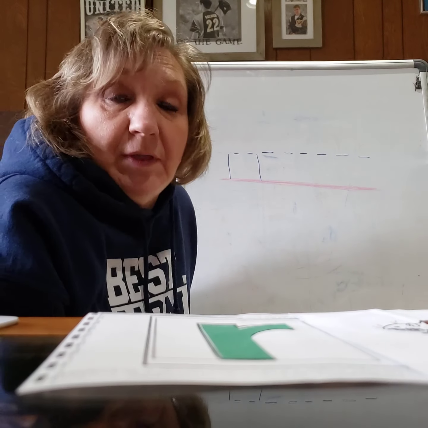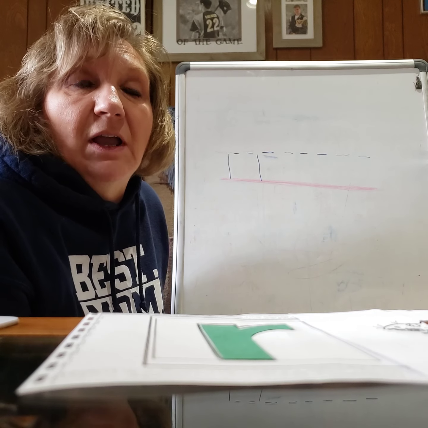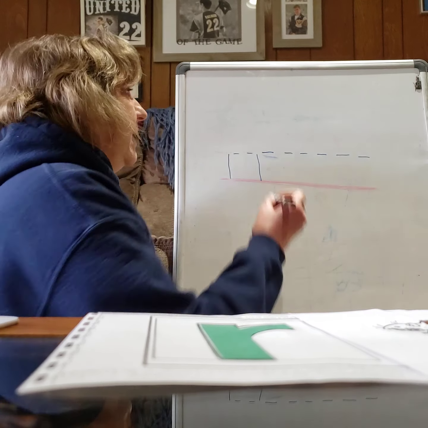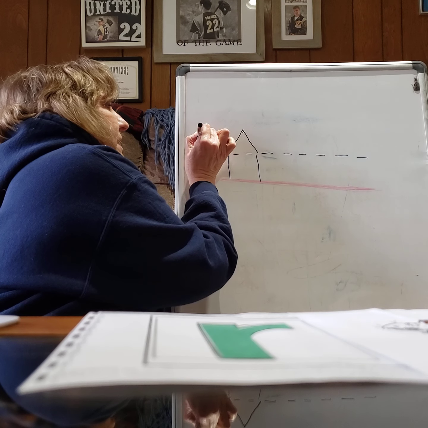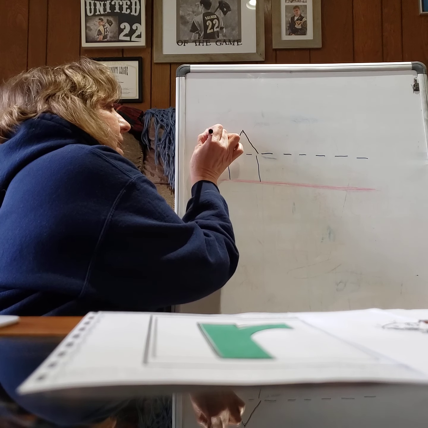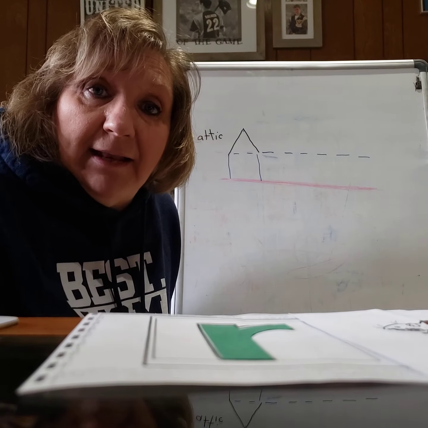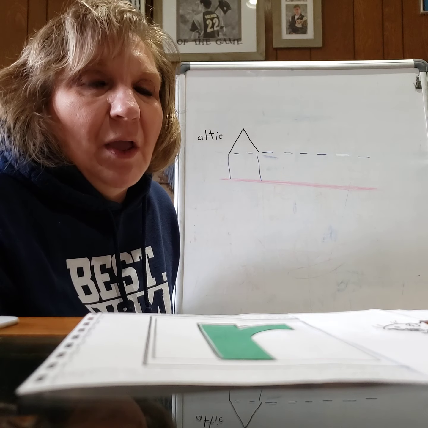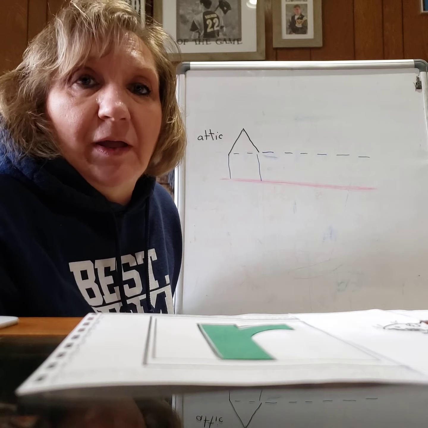Not too long after that, my mommy needed a place in her little house to store the things she was not using. And so mommy and daddy put a room above the house. And that room is called the attic. And the attic is important because we store the things that we are not using in an attic. But guess what? We put capital letters in the attic because we don't use capital letters all the time.